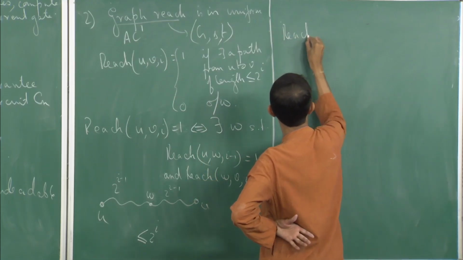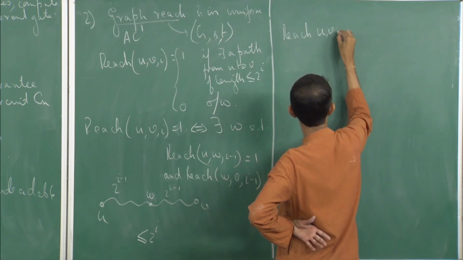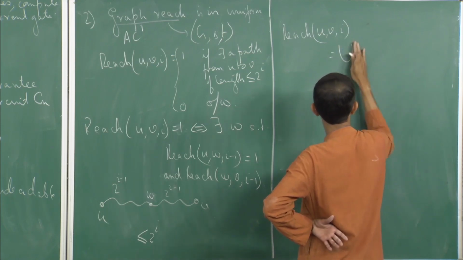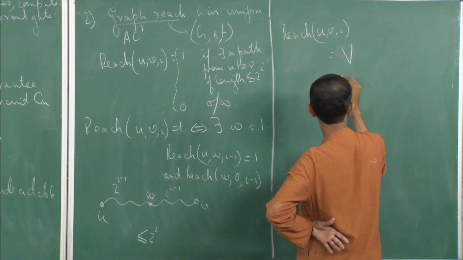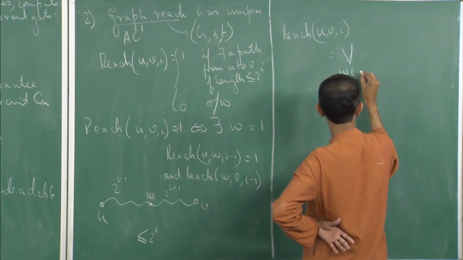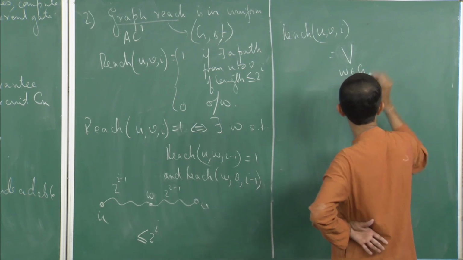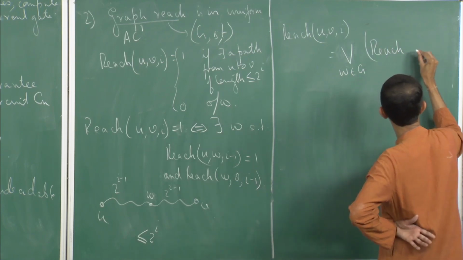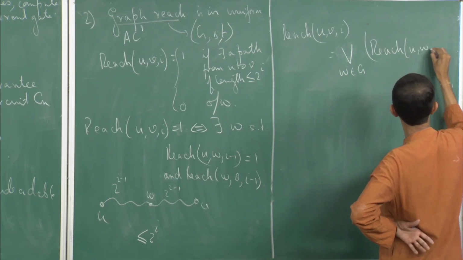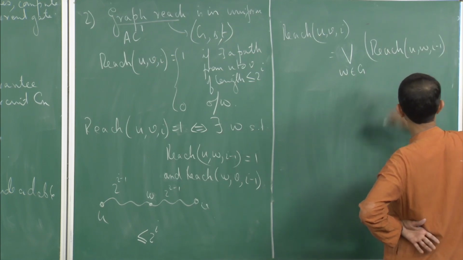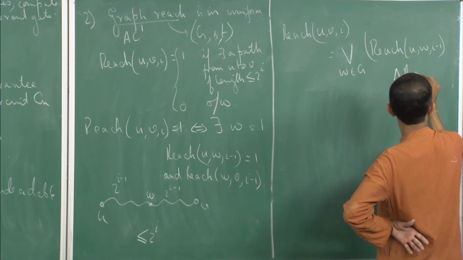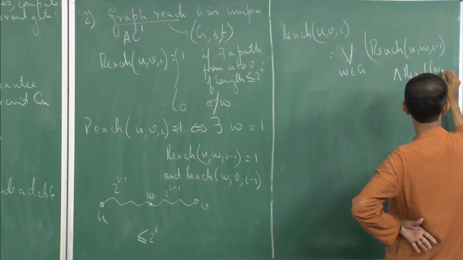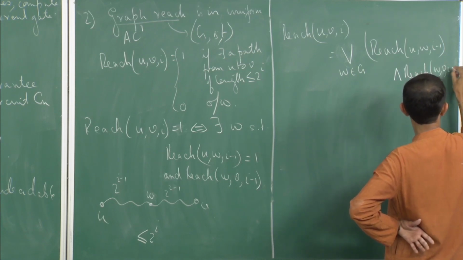So, reach U V I is equal to, I take an OR over all W in G of reach U W I minus 1 and reach W V I minus 1.